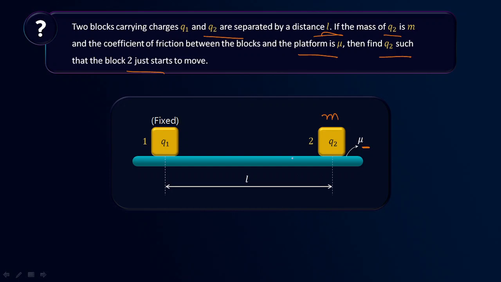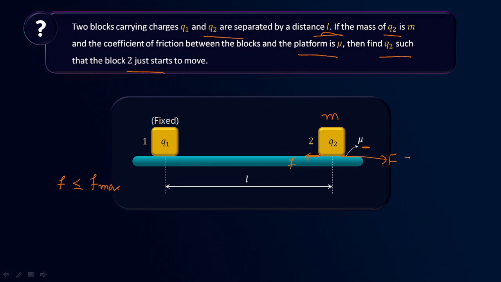So can I say that if this block is just about to move, let us say charge q2 is positive, then the direction of friction will be backward because the force will be acting in the forward direction. Yes or no? And friction and this force should be equal. So just about to move, friction is less than or equal to F max.